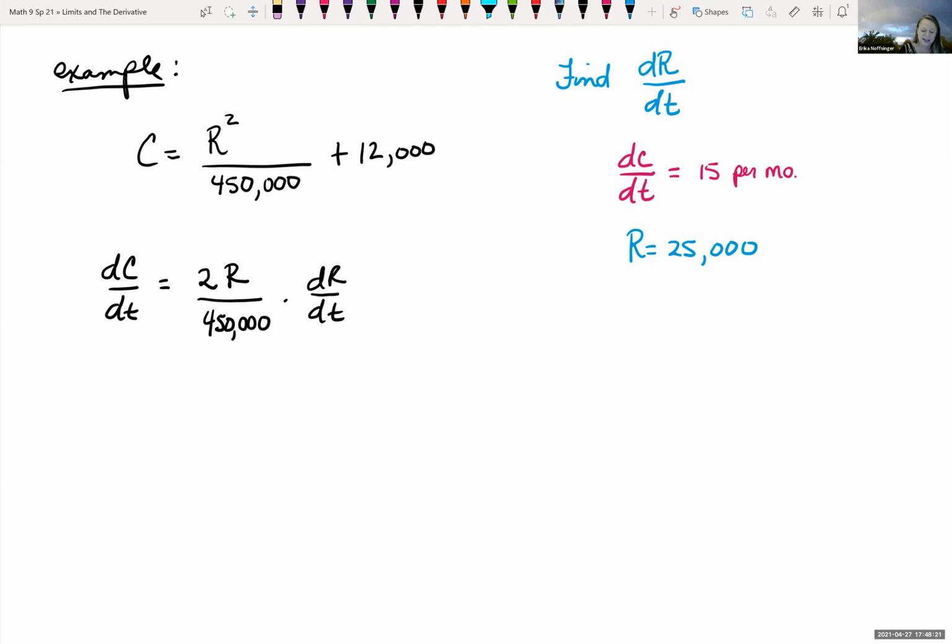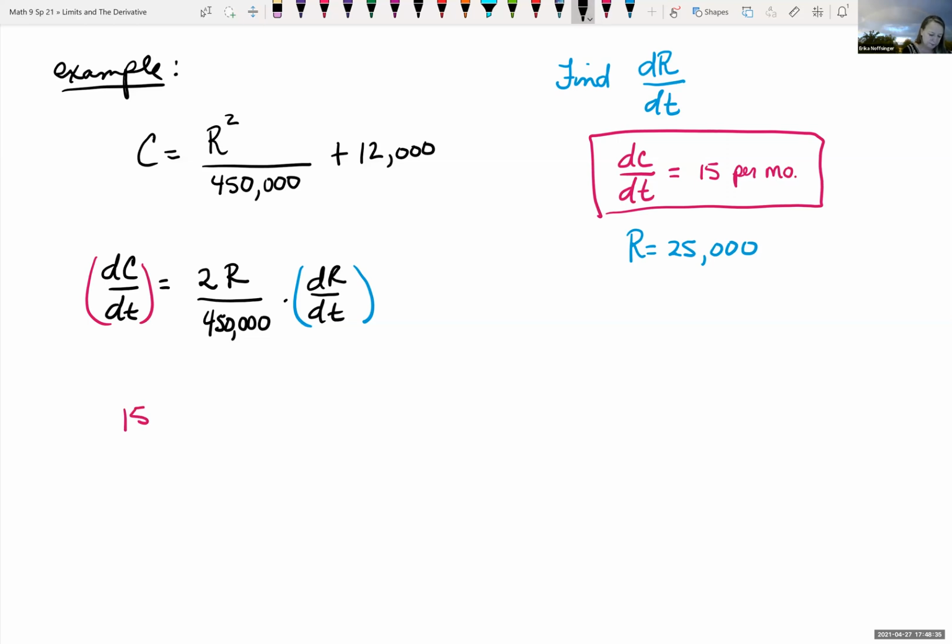So we're just going to go back in and plug in what we know and what we are trying to find. So we know what dC/dt is. That is 15 is equal to, well, 2 over 450,000. We can reduce a little bit. 2 goes into 450,000, 225,000. And we're given that R is 25,000.